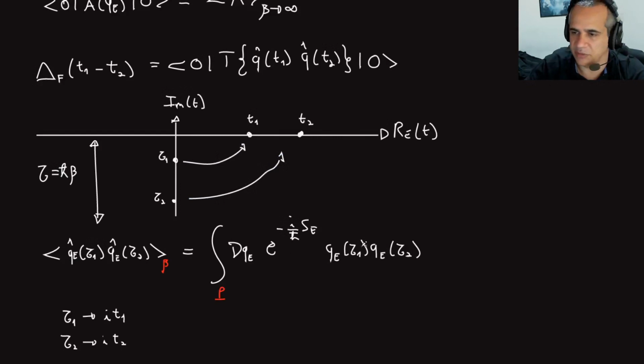If this was ordered in one way, I would go back to t1 before t2, and if they were ordered in another way, I would go back always to the time ordered product, right? So you always go back to the time ordered product in Minkowski space.